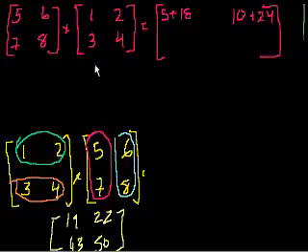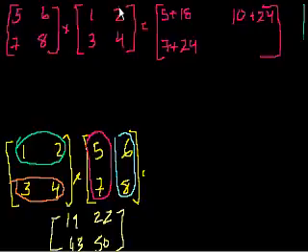Okay, now we're down here for the second row. So when we're doing this element right here, the bottom left is going to use this row and this column. So this is 7 times 1 plus 8 times 3. 8 times 3 is 24. And then finally, to get this element, we're essentially multiplying this row times this column.